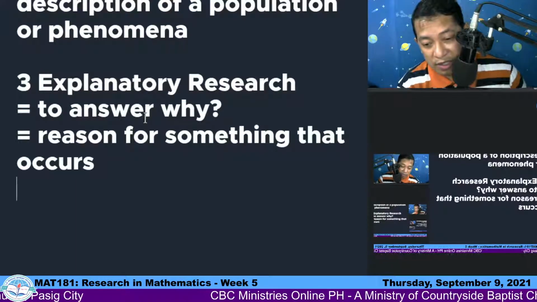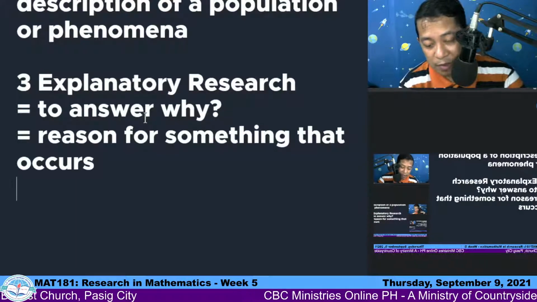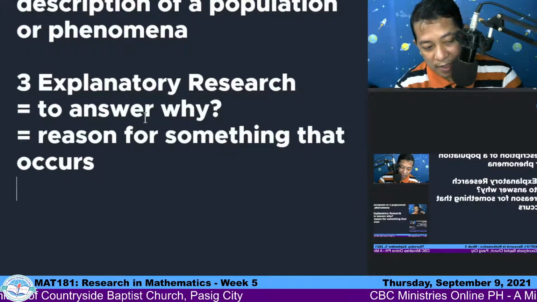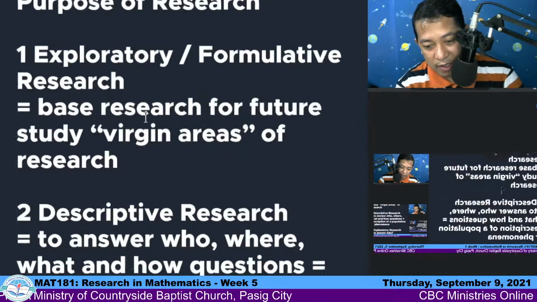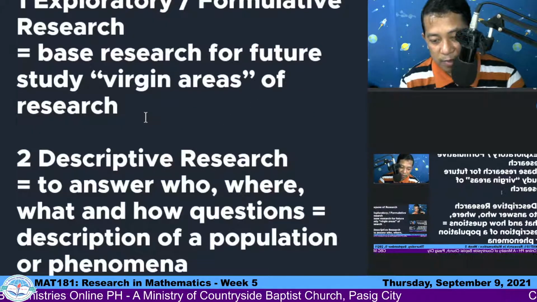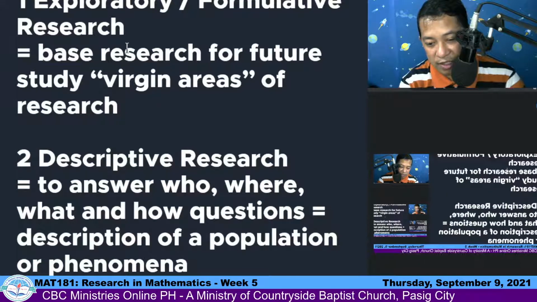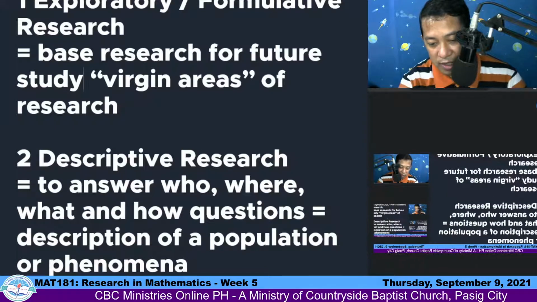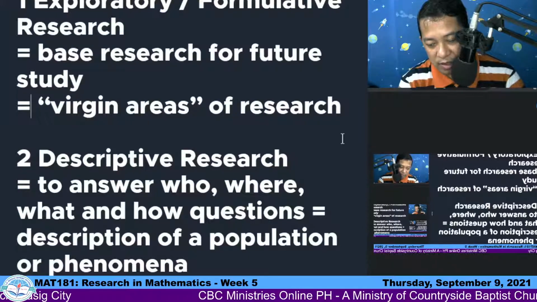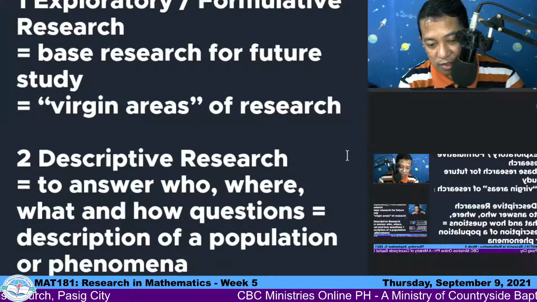So these are the three purposes of research. So we have here again the exploratory research or formulative. So these are base research for future study, perhaps virgin areas of research. No? So normally this type of research is for the graduate studies, masters, or even more especially PhD.